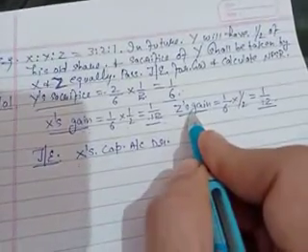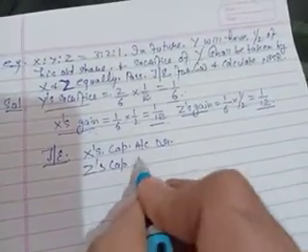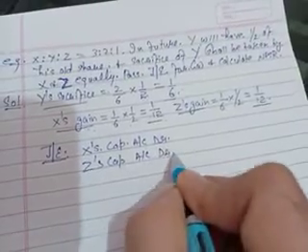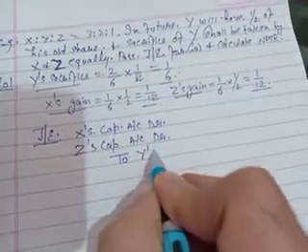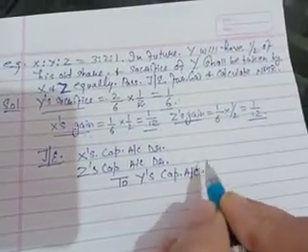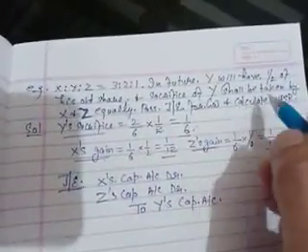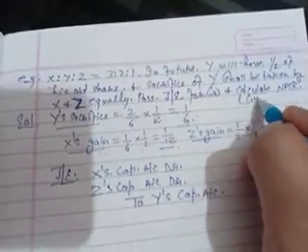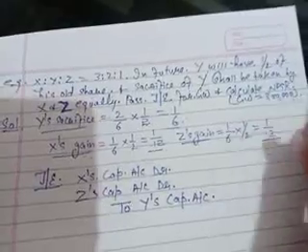Again, the other gaining partner is Z's capital account debit to Y, the sacrificing partner, Y's capital account. And here the value of goodwill is 3 lakh. We must write goodwill is equal to 3 lakh in the question.